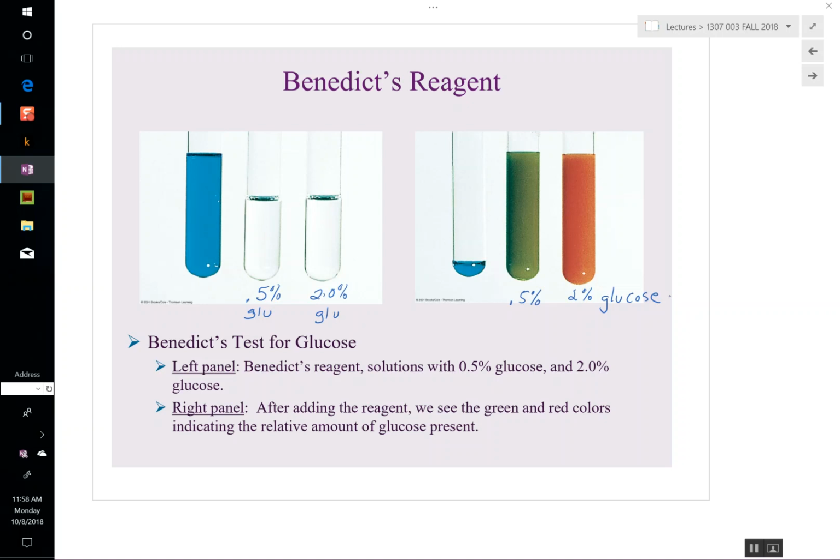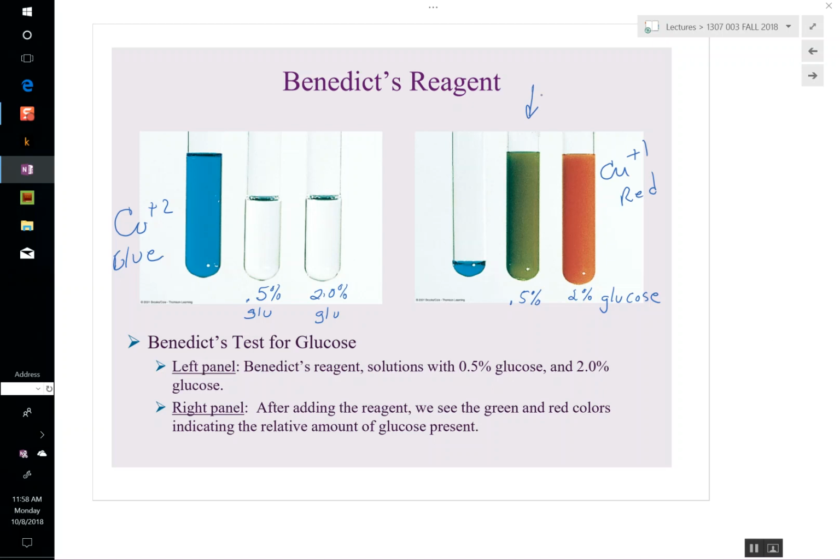And what is this here? This is your copper plus 2 ion that is blue. And what do you have over here? You got your copper plus 1 ion that is red. So what do we have here in the middle? Well, we didn't have as much glucose over here to react with that Benedict's reagent.